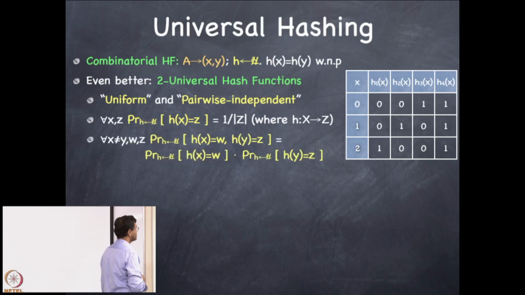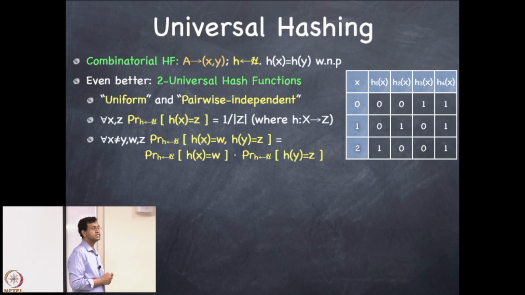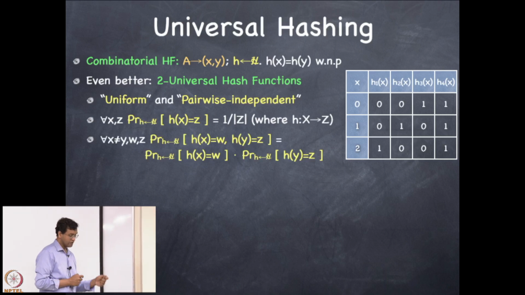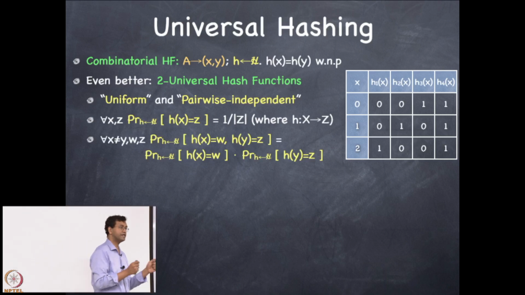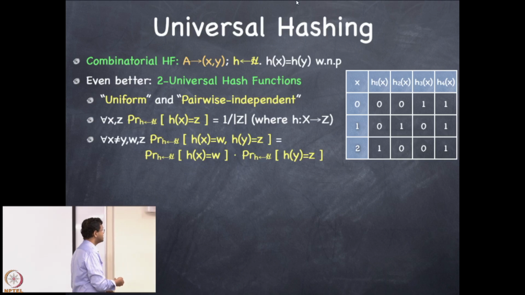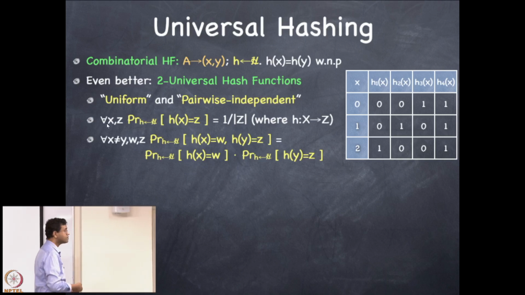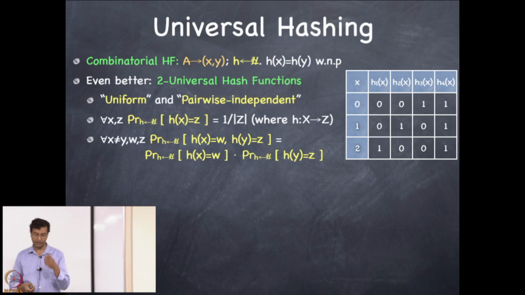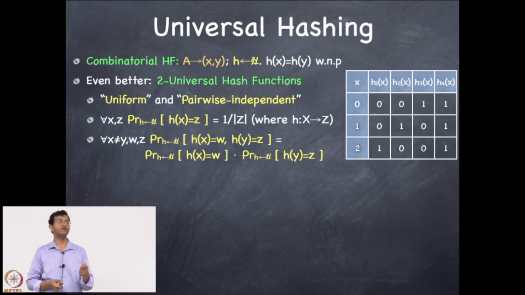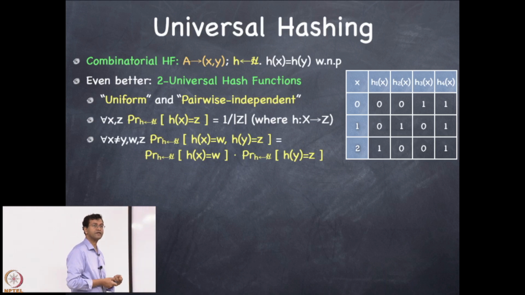That's the uniformity property. The pairwise independence says that for any pair x, y, any distinct inputs, I pick an h at random and tell you what h of x is. It tells you nothing about h of y. Okay?